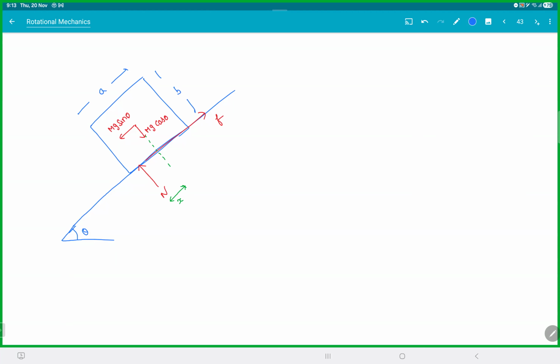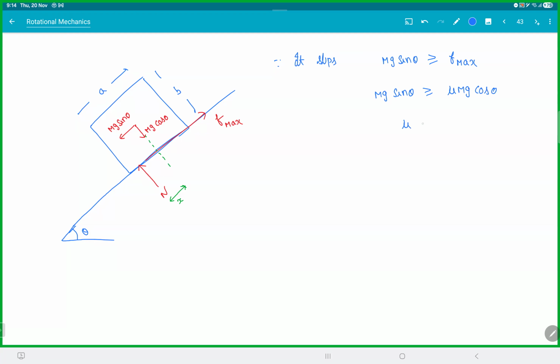First of all, you're slipping, right? Since it slips, the friction must have become maximum. Mg sin theta must be greater than or equal to f max. Basically, the angle is greater than the angle of repose, if you remember. Mg sin theta must be greater than or equal to mu into mg cos theta.